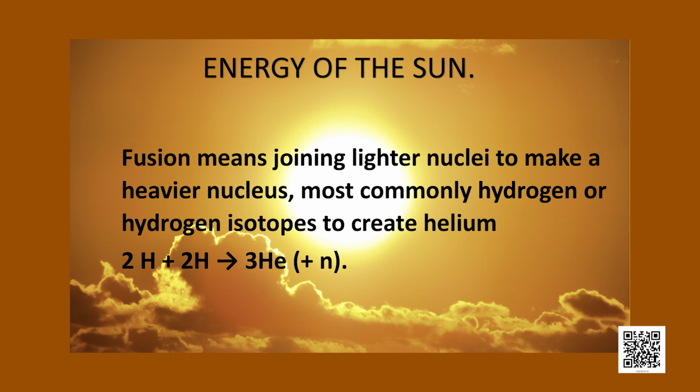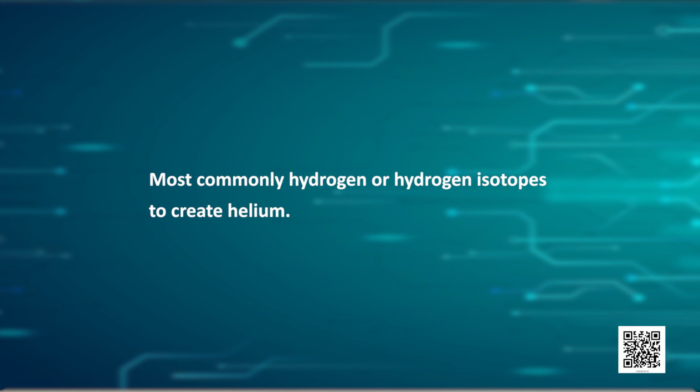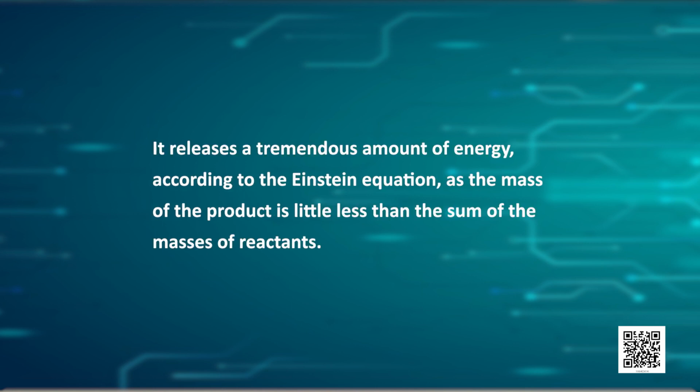But there is another possibility of nuclear energy generation by a much safer process called nuclear fusion. Fission means breaking or splitting, and fusion means joining lighter nuclei to make a heavier nucleus, most commonly hydrogen or hydrogen isotopes to create helium.